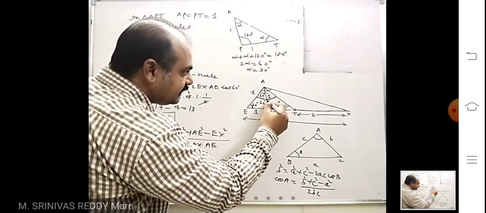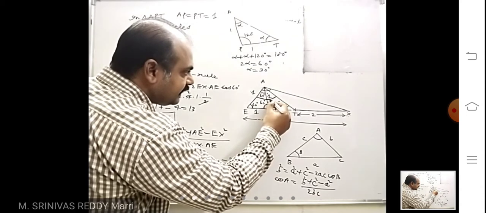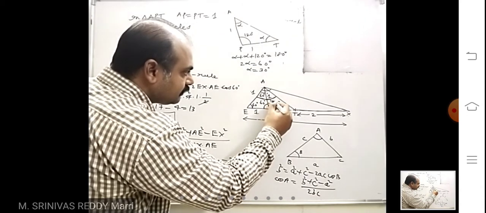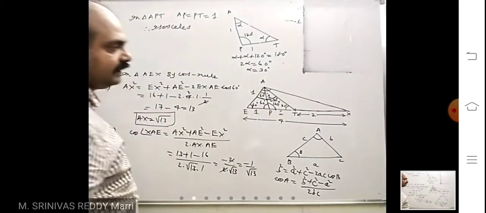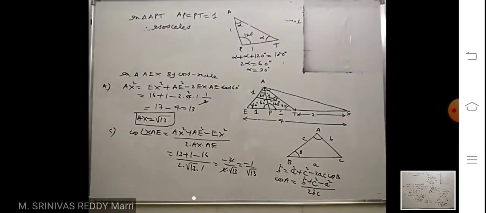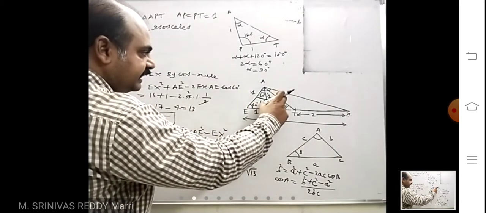And this angle is there. This angle is what? This angle is 30 degrees, only this angle is 30 degrees.